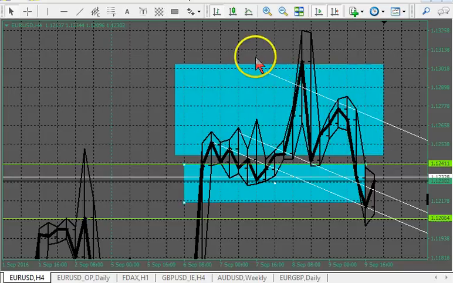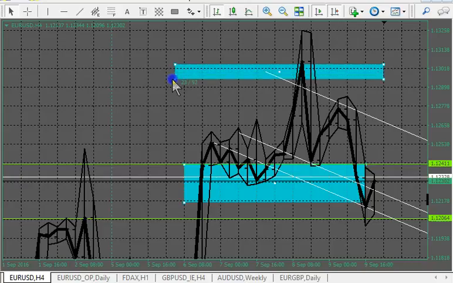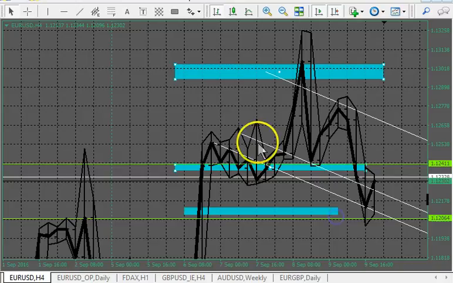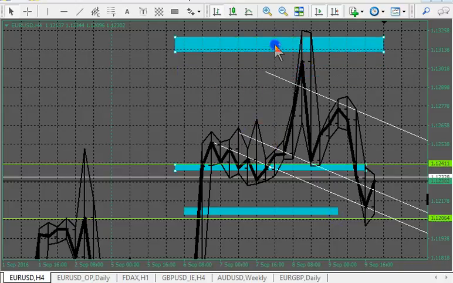So you didn't hit your target. Say your target's the very top of that, target's up here. You buy here, your stop's here, and you're going to get out here, so this is a pretty good profit ratio.